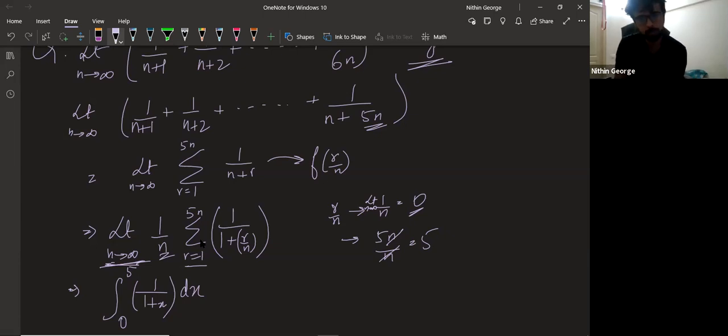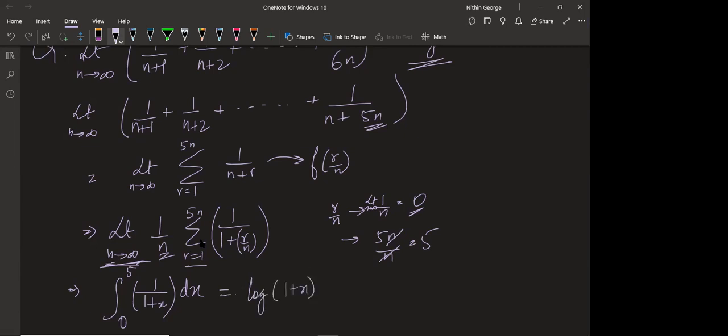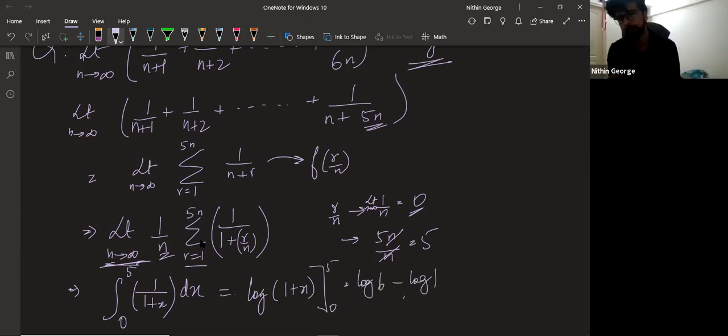Okay, so what will this come out to? Did you understand this, guys? Yes, sir. This becomes log 6 minus log 1. Log 1 is 0. So you get your answer as log 6 here. Right.